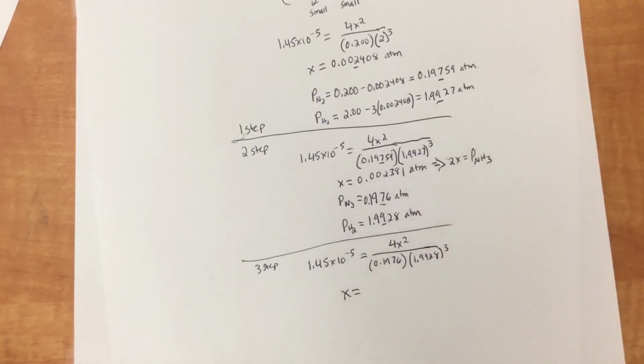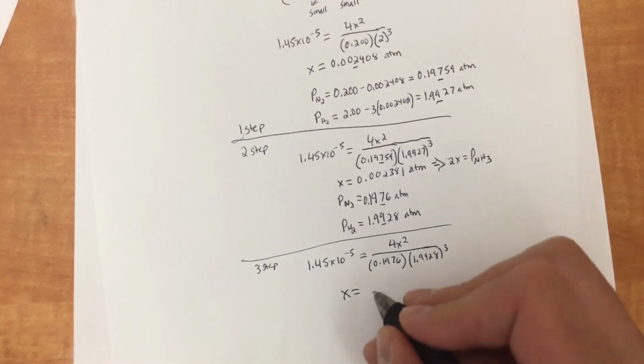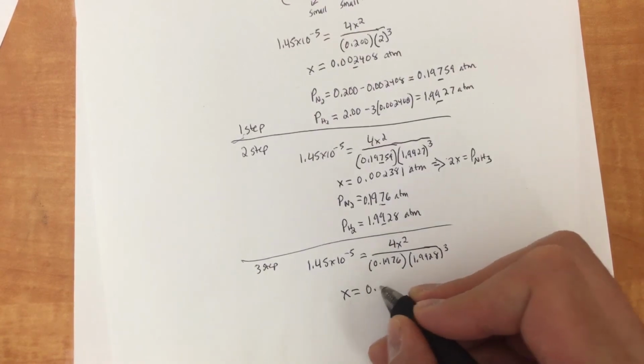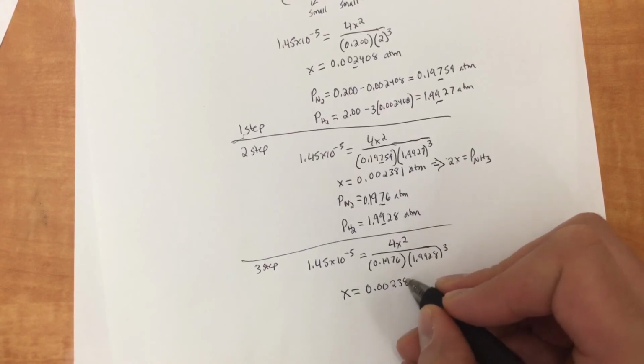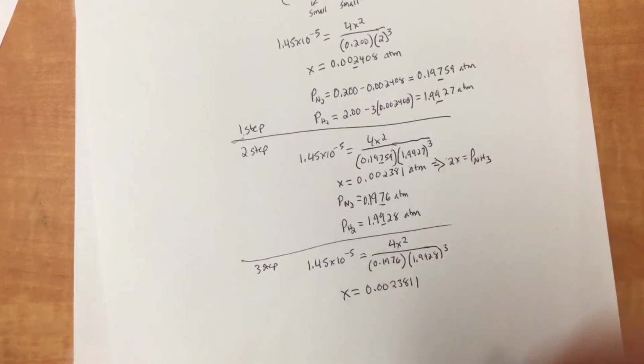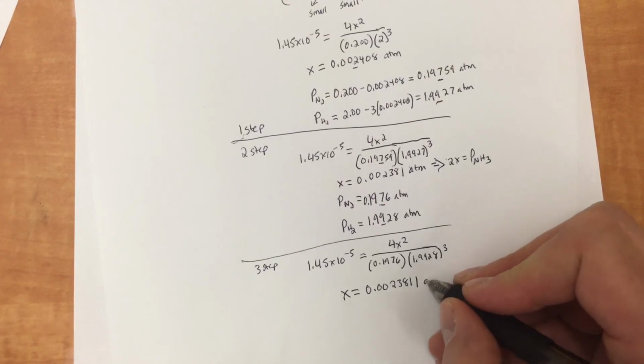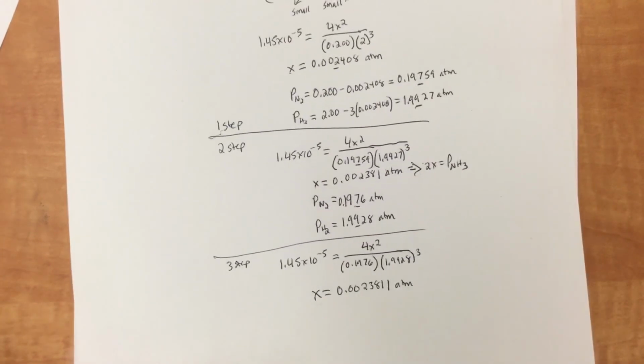And when we calculate the value of x, we find that x is 0.0023811. And that value has not changed at all from the value above.